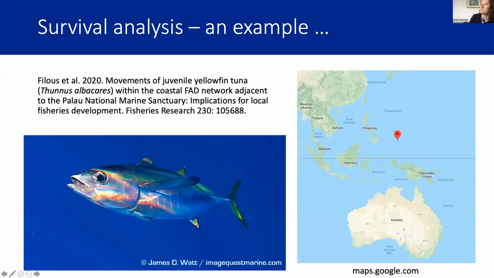Here's another example of survival analysis. This is a pretty cool paper that came out recently by Alex Filous. I hope I pronounced that name right. In this study, he was studying yellowfin tuna in the Republic of Palau. Basically in Palau, they are trying to grow their yellowfin tuna fishing industry to help support local subsistence and economy.